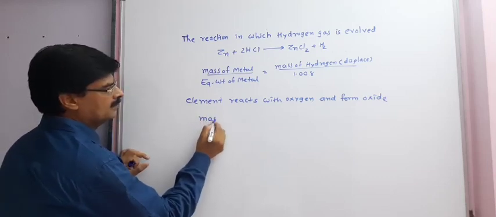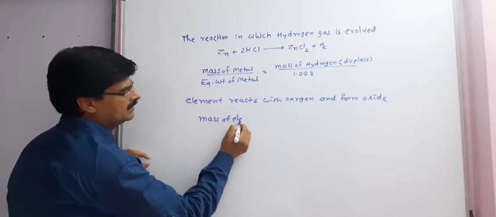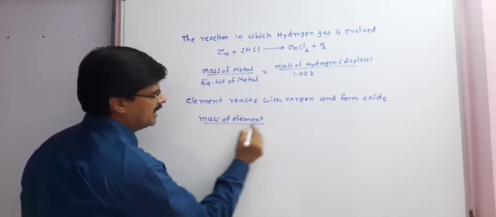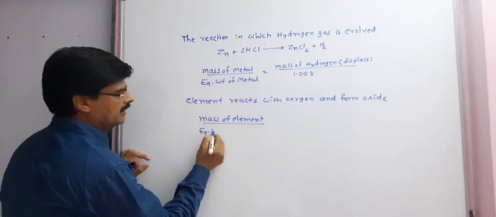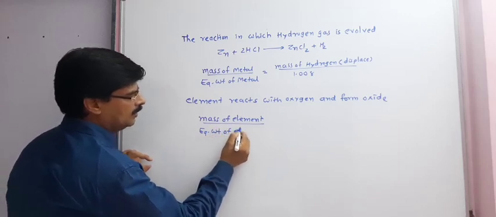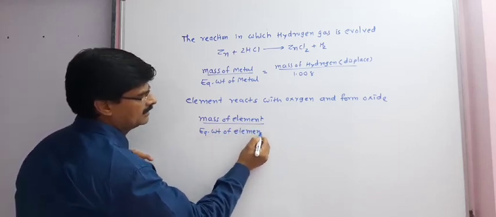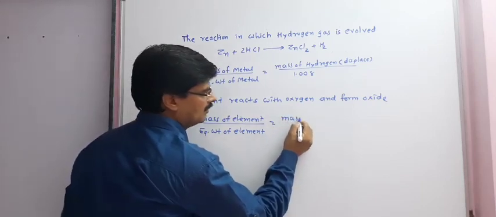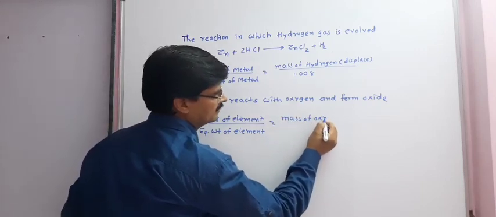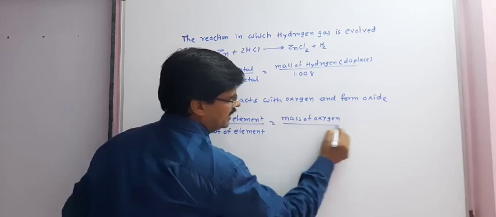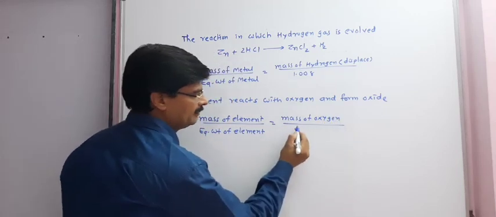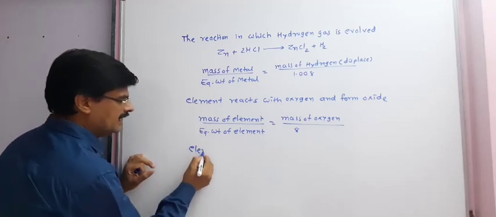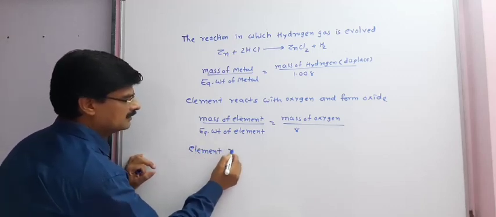We can write mass of element divided by equivalent weight of that particular element is equal to mass of oxygen divided by 8.